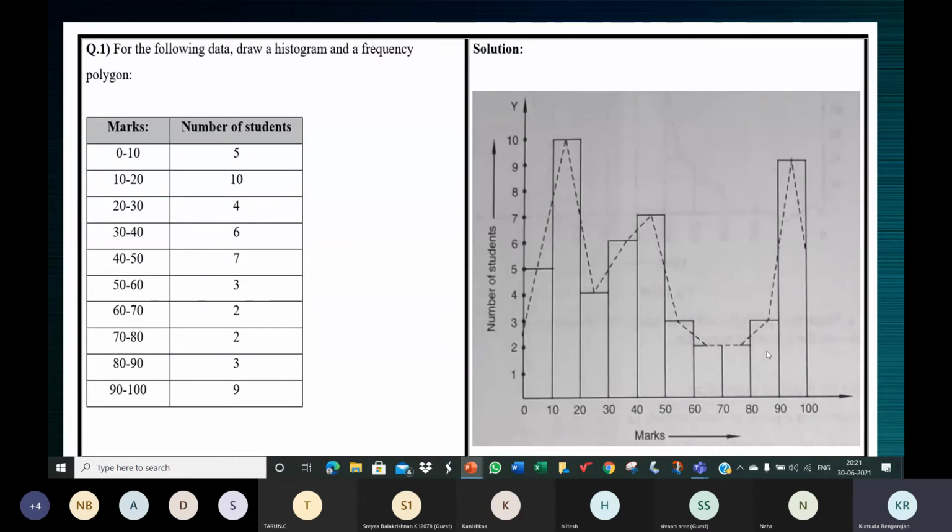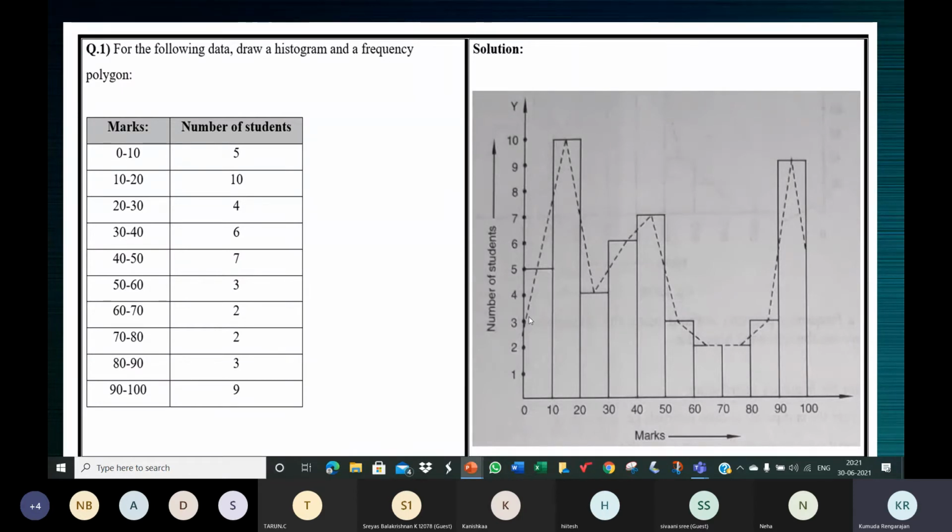You go on like that. When you finish the last one, 90 to 100, the height of the rectangle is 9 units. So we are done with the histogram. We've answered this part. Now next we have to prepare a frequency polygon.